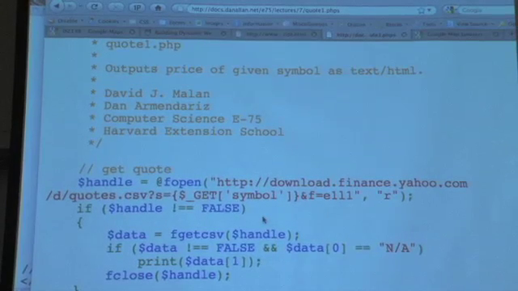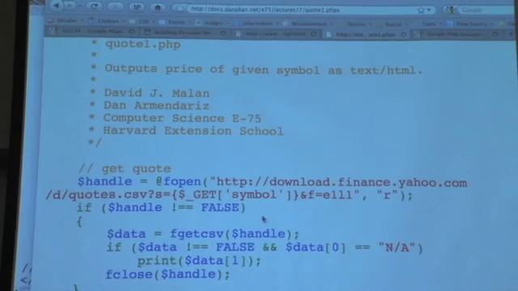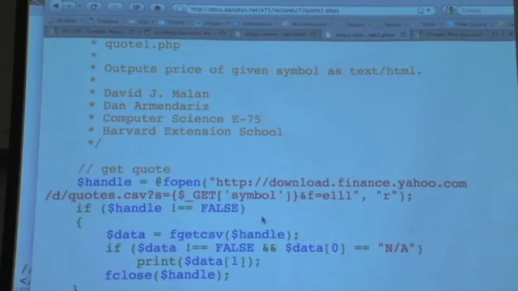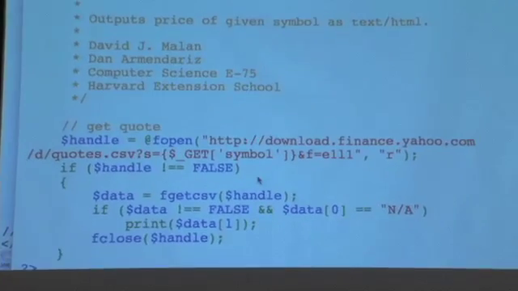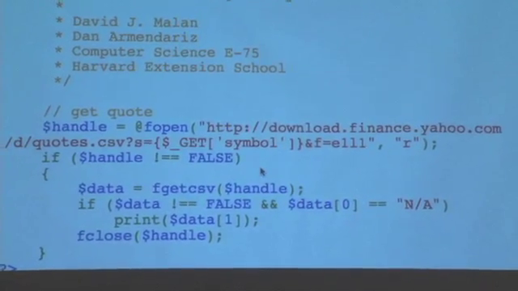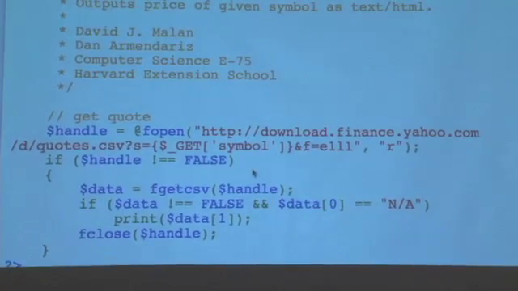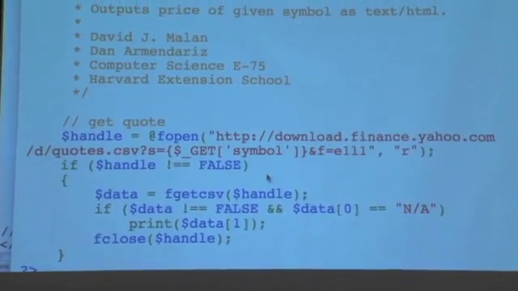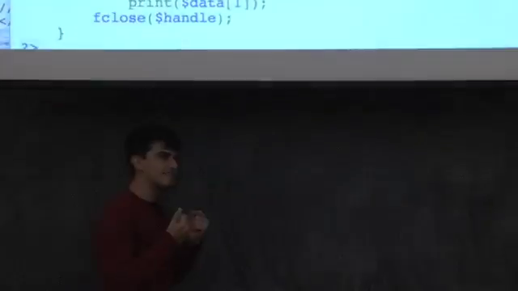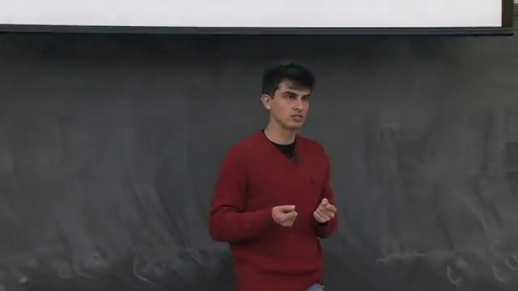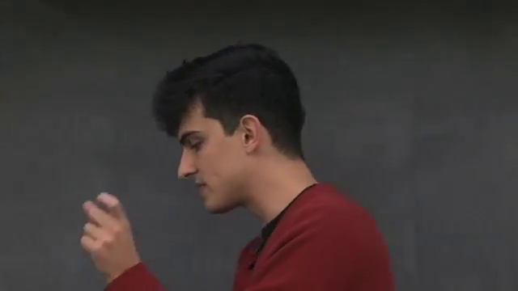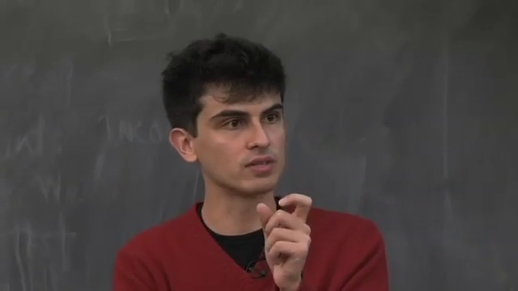So we can get the information from Yahoo Finance, and assuming that all goes well, we can actually print out the data. Keep in mind that this PHP file doesn't print out an entire HTML page. All it's printing out is just the number. It's just finding the price information for that symbol that we've entered, and printing that out.